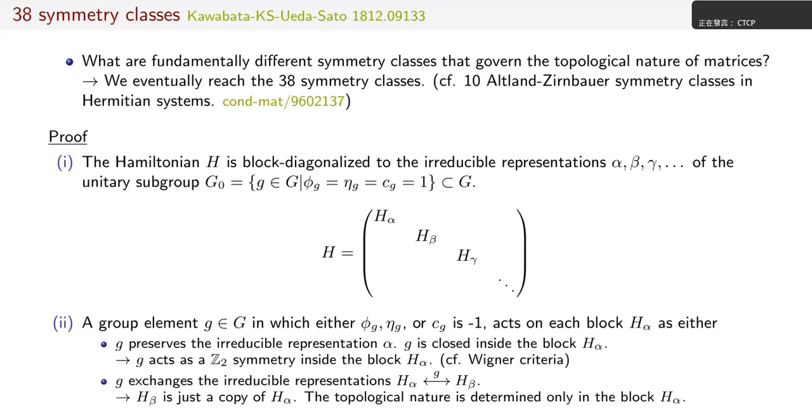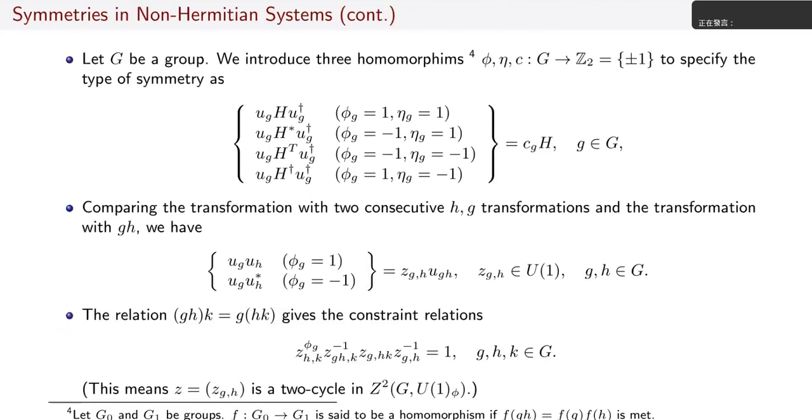Can they have different values of phi, eta, and c, or must they be the same for the whole system? Same, because phi, eta, and c are properties of the group element. For the whole system? For the whole system, yes.